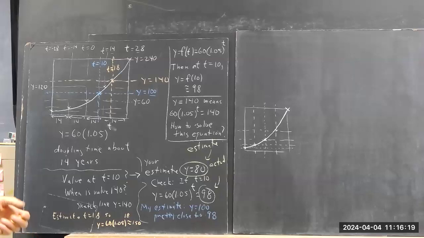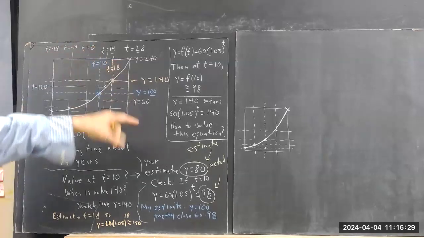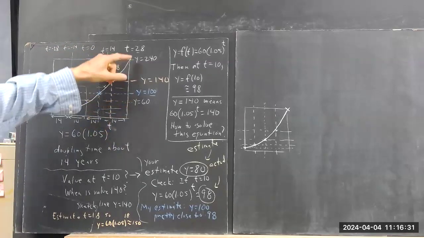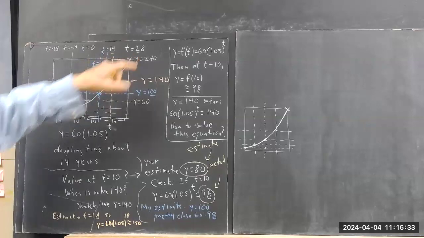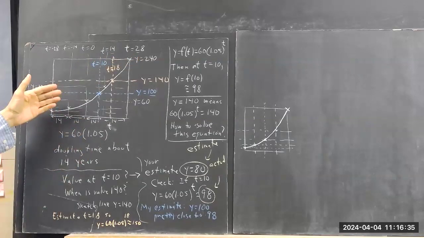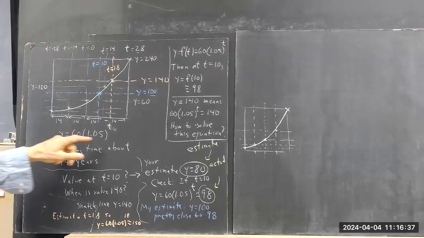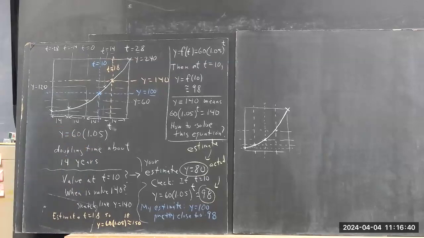Again, that's the reason we have approached the course this way. So all those numbers, the y equals 60 here, the y equals 120 here, the y equals 240, just follow from the way we set this up.